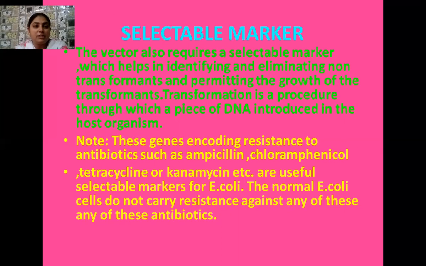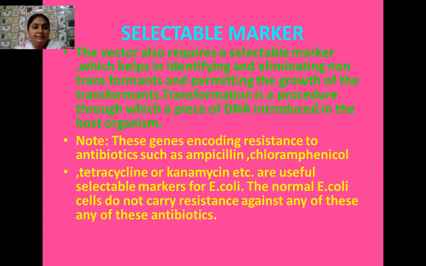Now by the process of transformation, we insert our recombinant DNA into the host organism. When this DNA enters into the host organism, it uses the DNA polymerase enzyme of the host machinery to generate its own replicas.